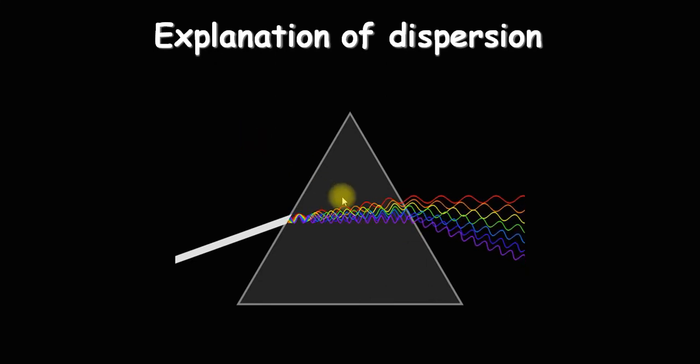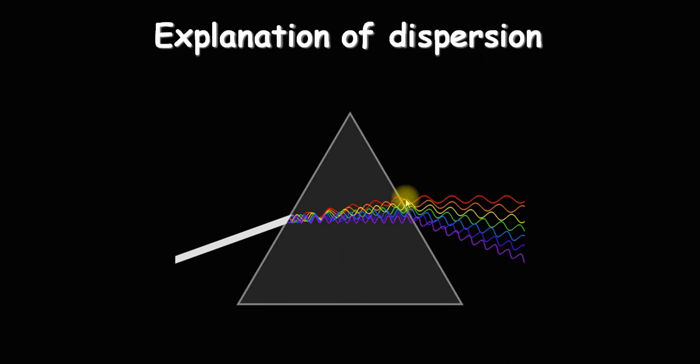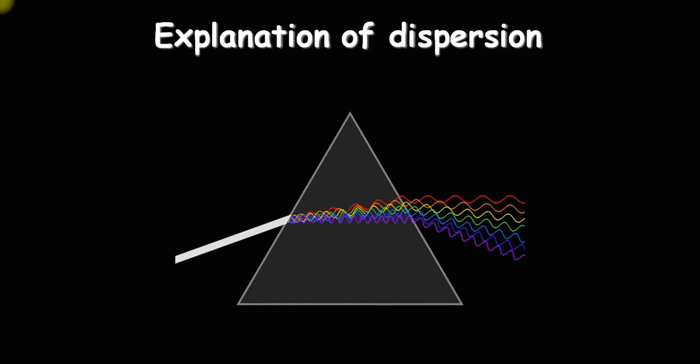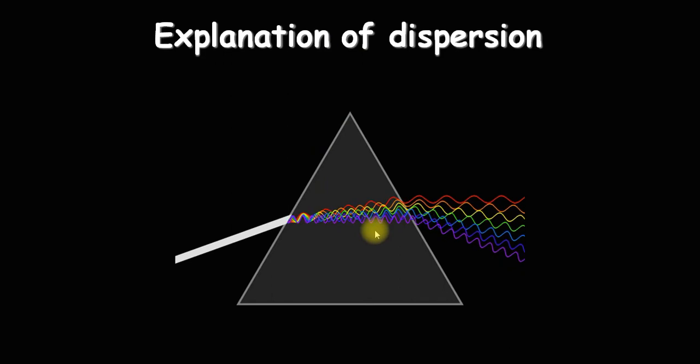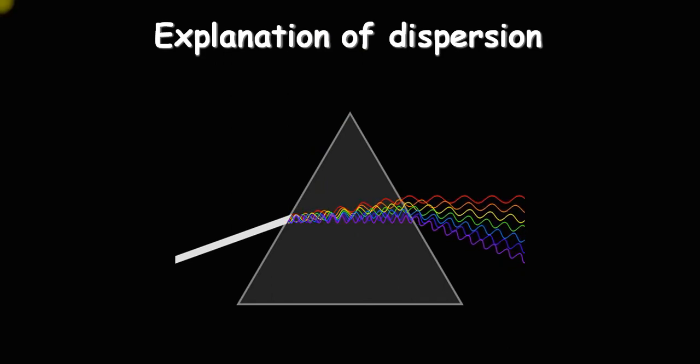Okay, so in that way, red light is the least refracted, and then violet is the most refracted. It means the violet light has the shortest wavelength, or the smallest wavelength, in glass. Also, you can explain in terms of frequency too.